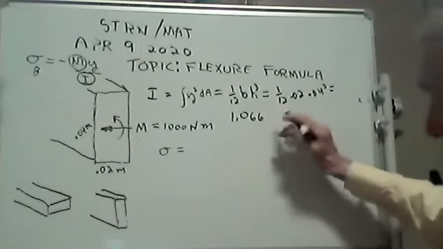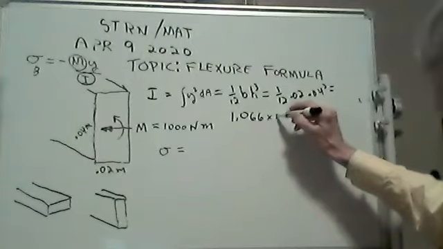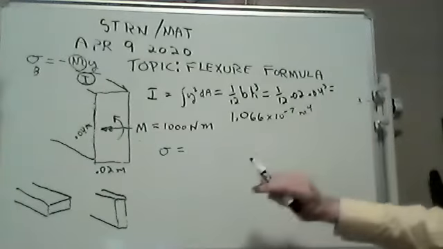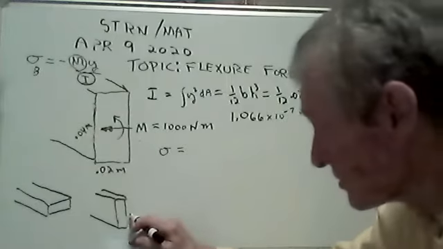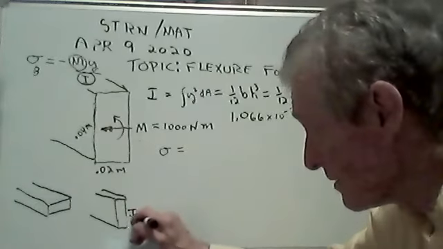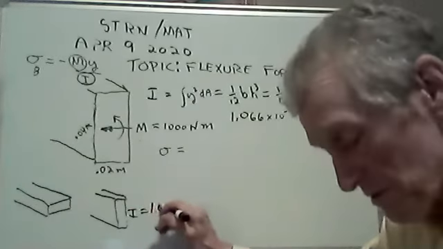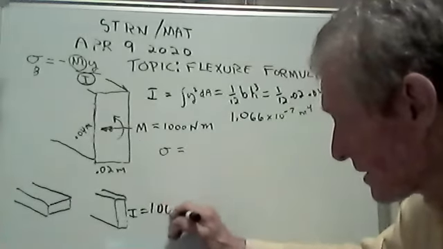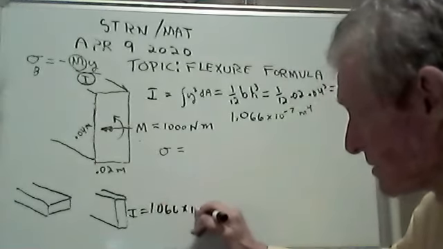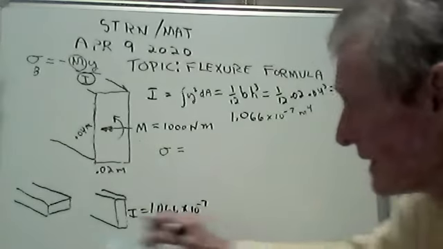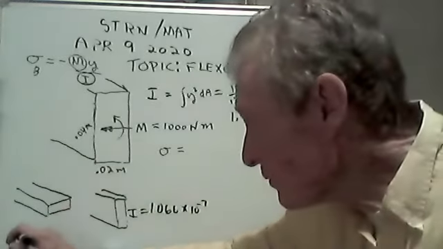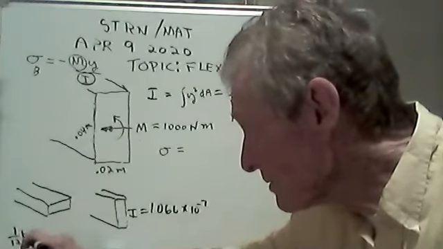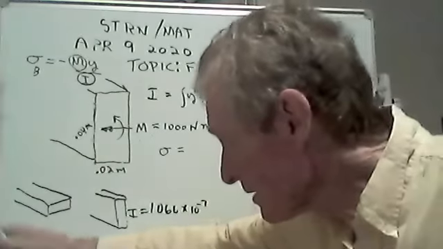I forgot a little teeny tiny detail here, guys. You have a 10 to the minus 7 meters to the fourth if you do it that way. Now, that's this one here. This one is 1.066 times 10 to the minus 7. This one here will be 1/12 HB cubed. Well, here, I'll just write the answer.